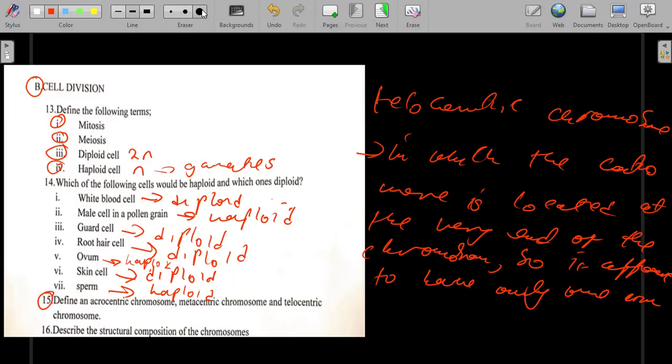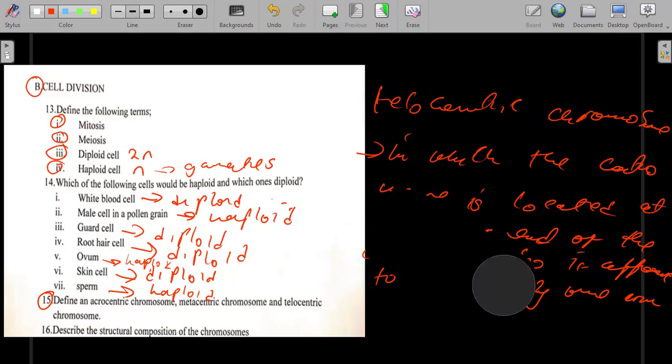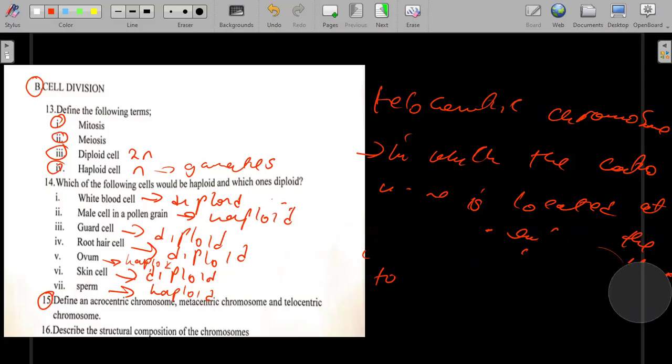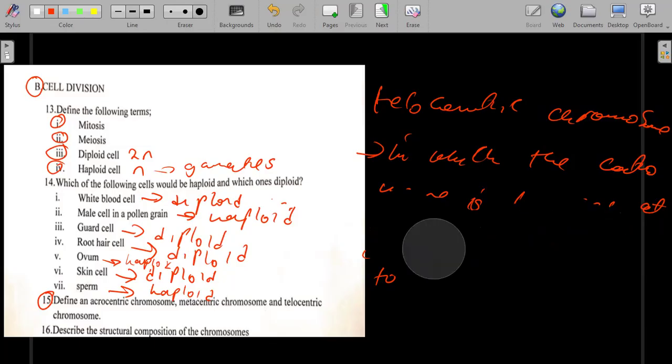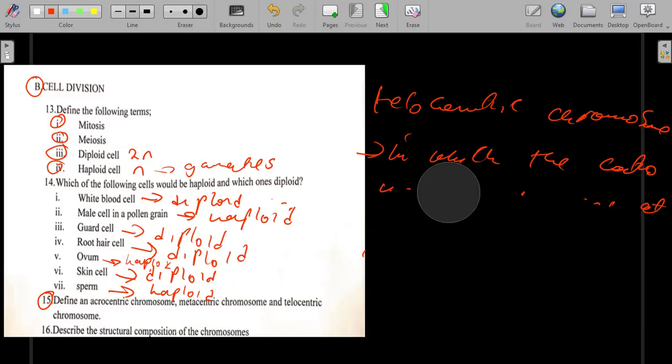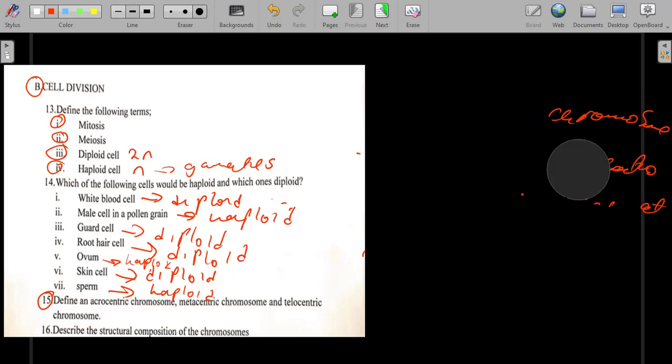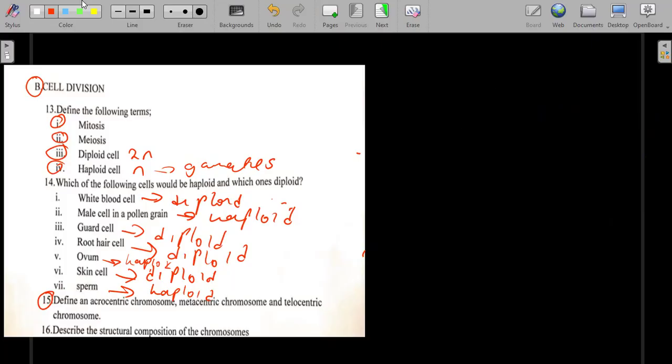We go to question number 16, which is saying describe the structural composition of the chromosome. So we need to define some of the things that we are going to find in a chromosome. What is the composition of a chromosome?